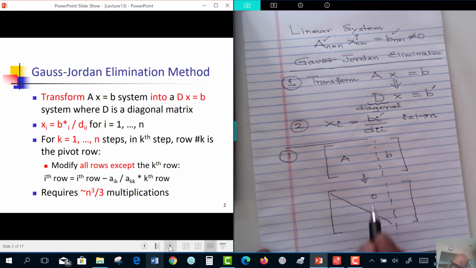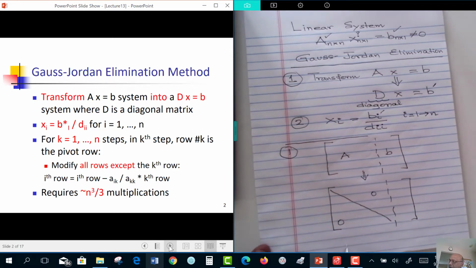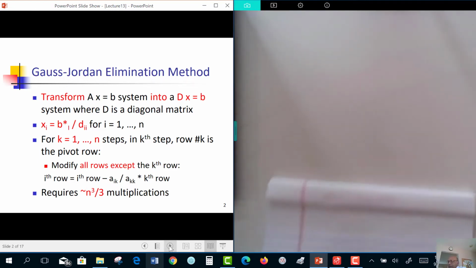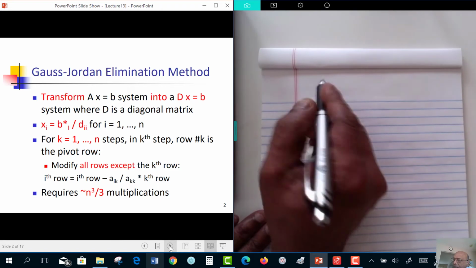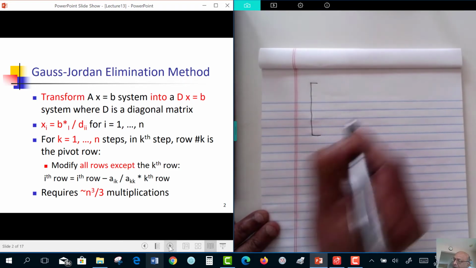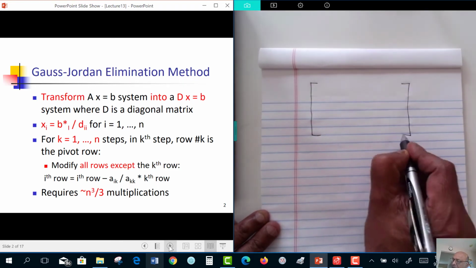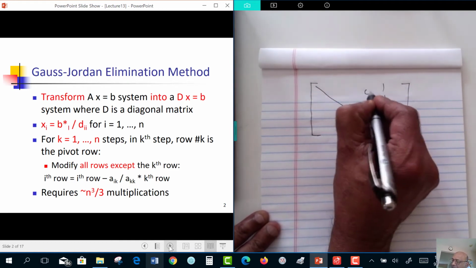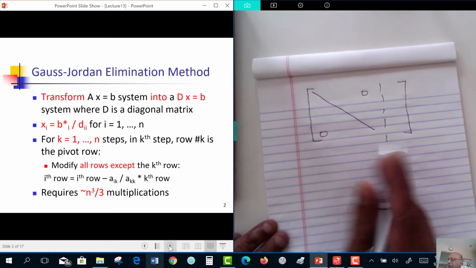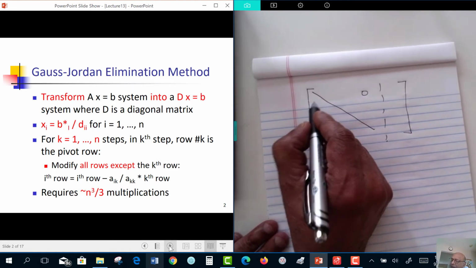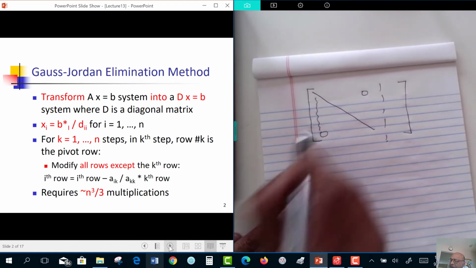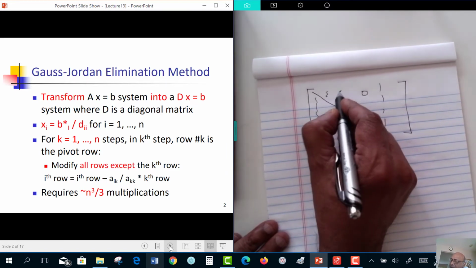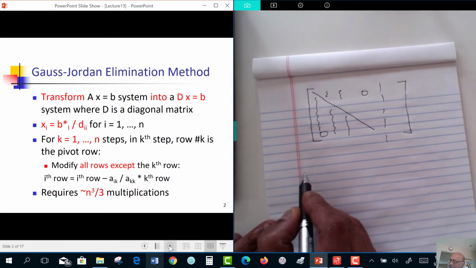That means we want zeros elsewhere. First we get zeros in first column, then we get zeros in second column, then in third column, and so on and so forth.